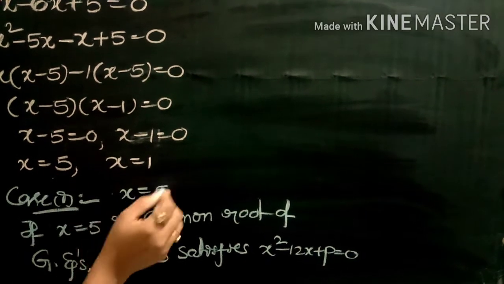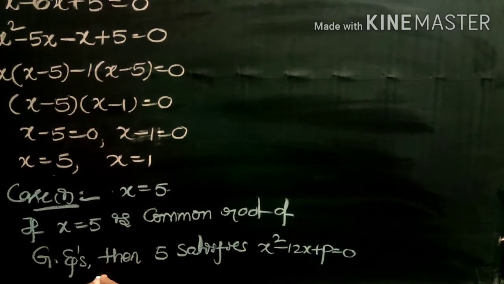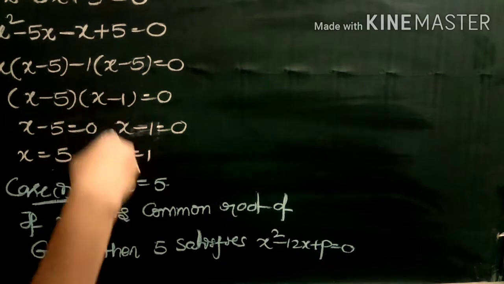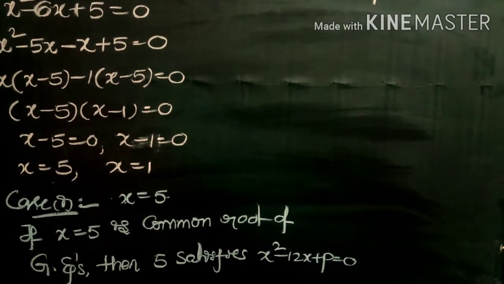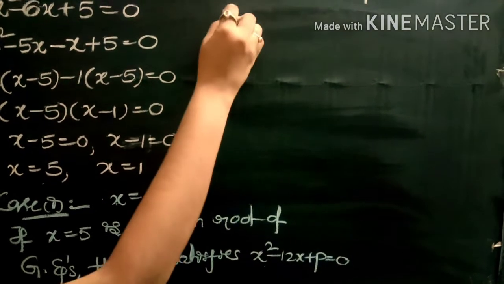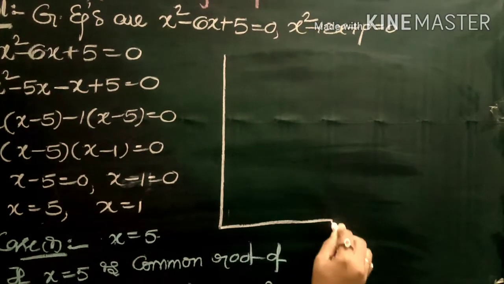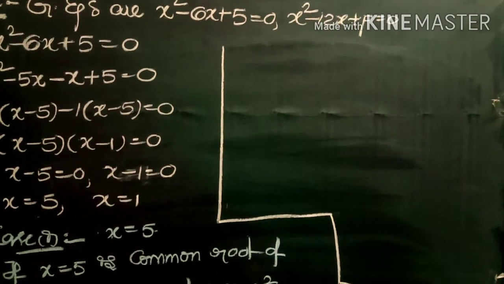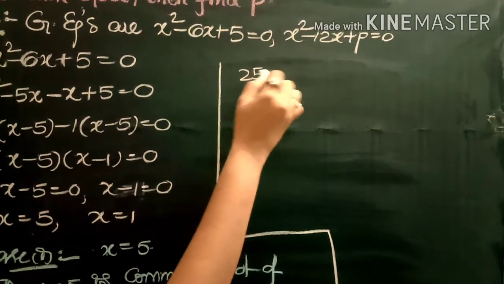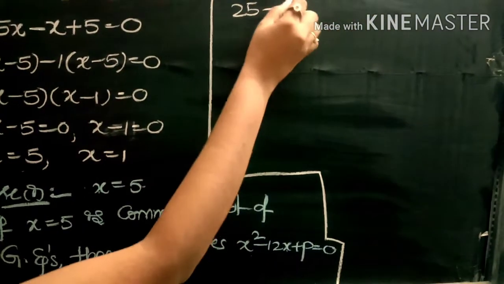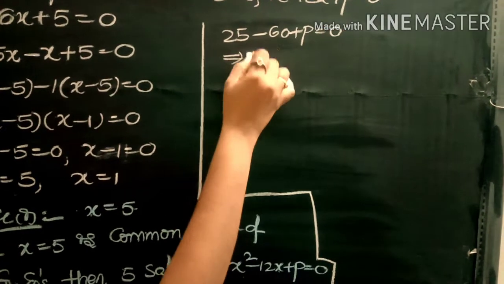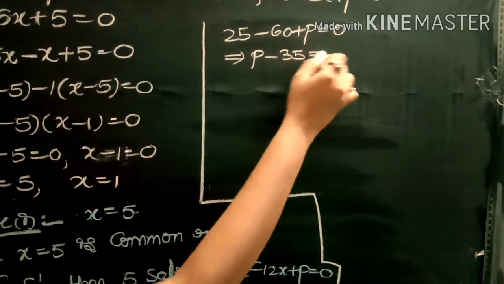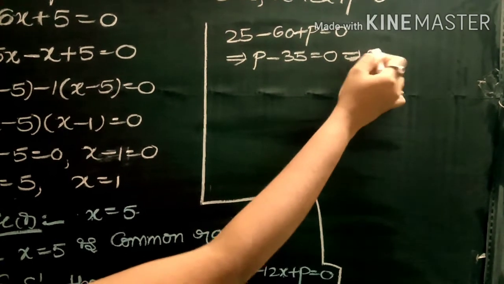If suppose x is equal to 5 is the common root of the given equations, that is, this is also a root of the second equation, then 5 satisfies the given second equation. Now replacing 5 in this equation, then we get 5 square, 25 minus 12 into 5, 60 plus p is equal to 0. That implies p minus 35 is equal to 0. Then the value of p is equal to 35.